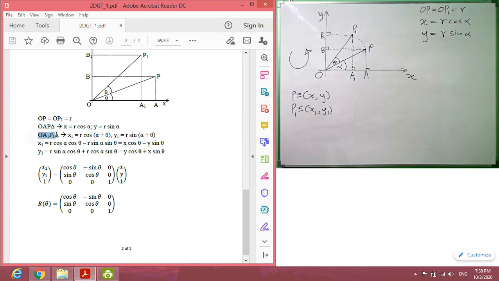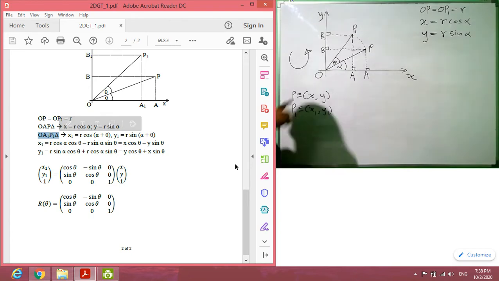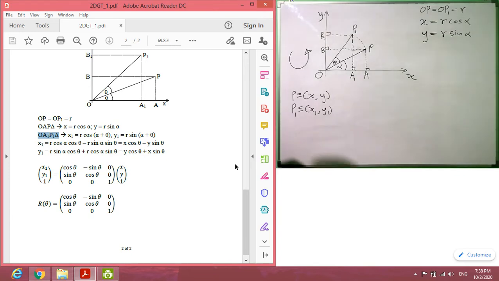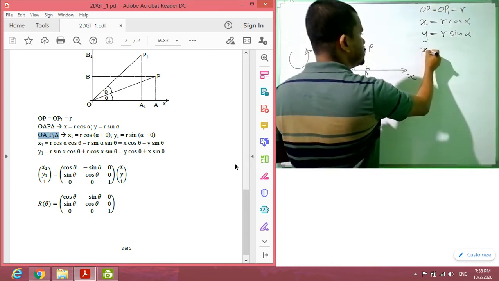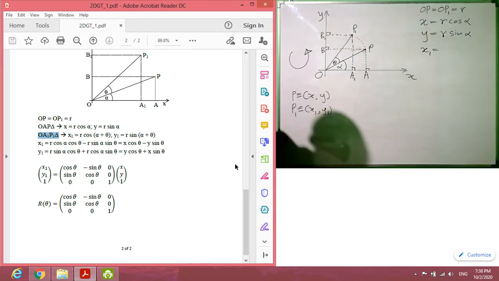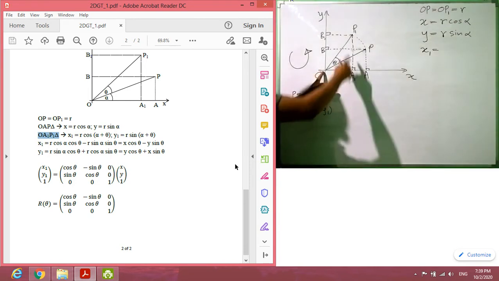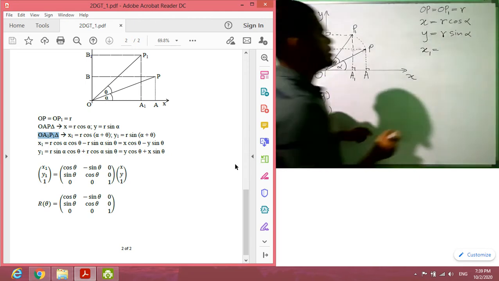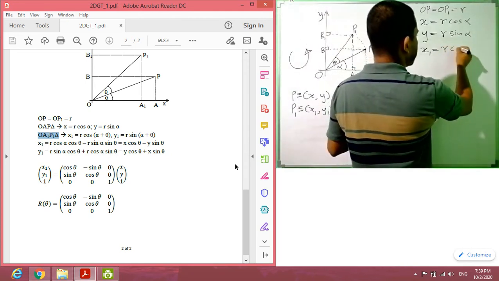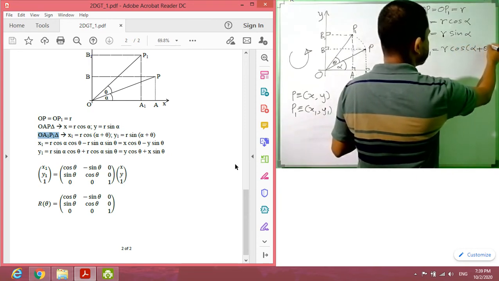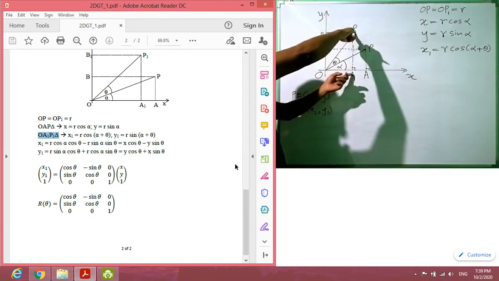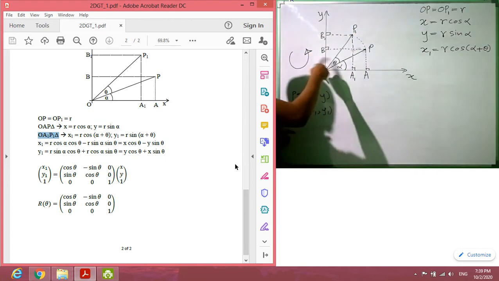Now if you consider the triangle OA1P1, here you can see X1 means R cos (alpha plus theta), and then y1 means R sin (alpha plus theta).